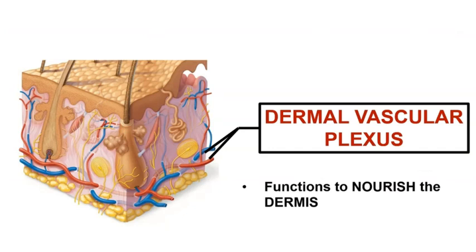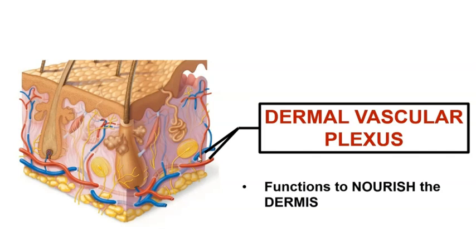The reticular dermis also contains a network of blood vessels that's referred to as the dermal vascular plexus. So this is a plexus that's much deeper in comparison to the subpapillary vascular plexus. And you can see that this dermal vascular plexus has blood vessels that go up to feed the subpapillary vascular plexus.